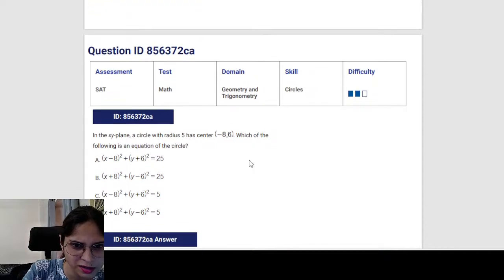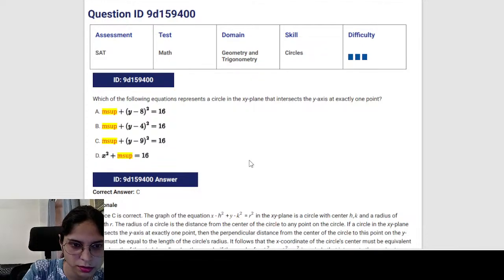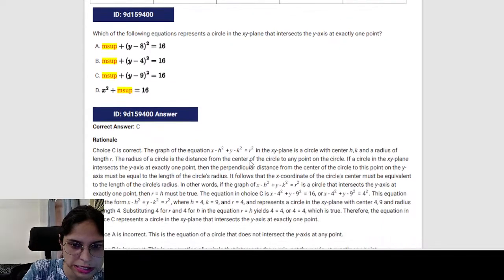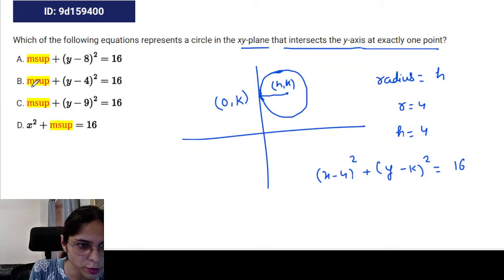Oh yeah, we did this one. So the correct answer is option C, because it should be (x minus 4) whole squared. So r is equal to h must be true. So this is option C.